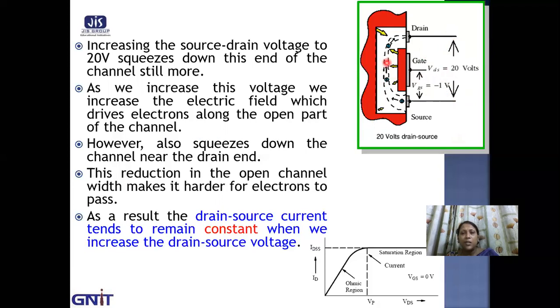So the distance is varying. Distance is not fixed in this case. Obviously, channel length or channel distance is not fixed. That's why voltage is constant, but L is varying. That's why E equals V by L is continuously varying. That's why the name field effect transistor has been suggested.